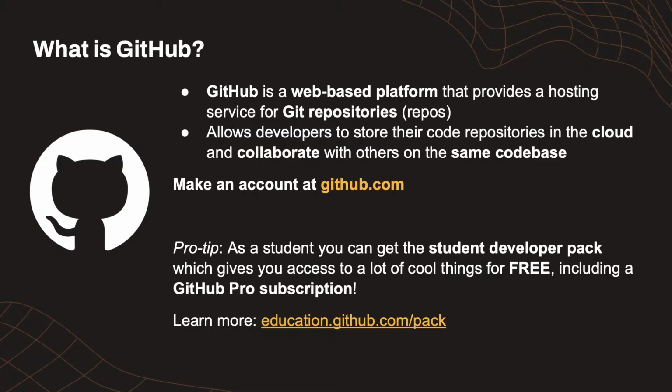Some companies use alternatives to GitHub, like Bitbucket or GitLab, which are more like self-hosted instances, but they basically do the same thing. As a tip, you can get the student developer pack on GitHub for free, which includes a bunch of cool benefits, including a GitHub Pro subscription, as well as a free domain and other benefits. You can have a look at the added link if you want to get access to those.